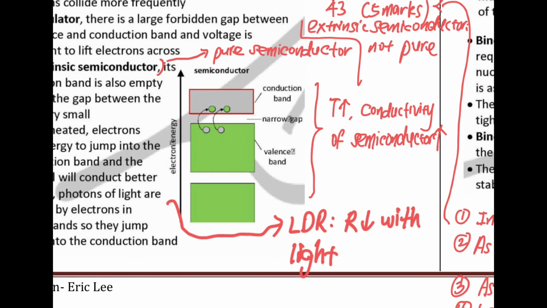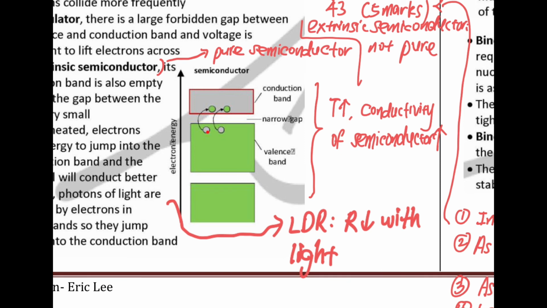Initially, electrons stay here. Then after that, they get energy and jump to the conduction band. So this place, which was originally occupied by an electron, is now left empty. So this becomes the hole.